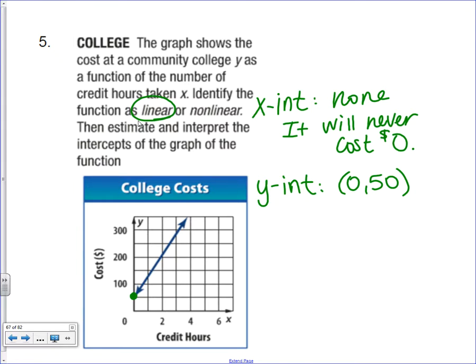You start at $50 no matter how many classes you take. And then it looks like it goes up from there. Questions for me here, folks? Intercept's what we talked about yesterday. Agreed? Yeah? You sure? Okay, so let's get to the big problem now.